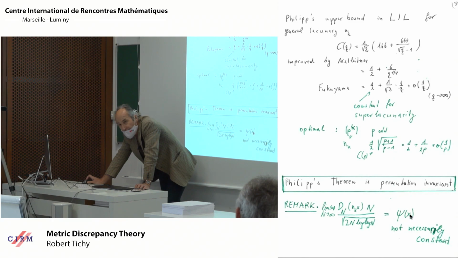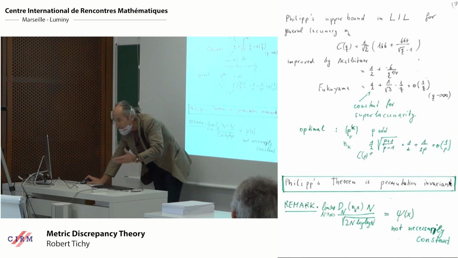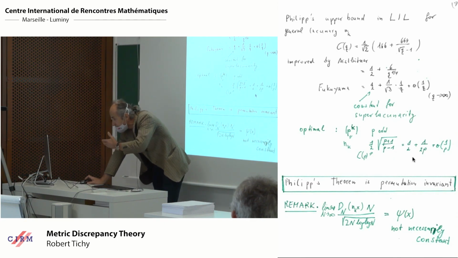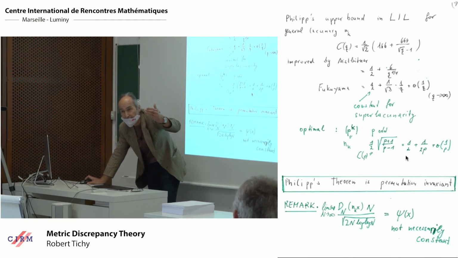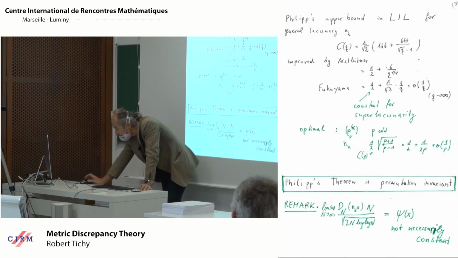It could be dependent on x, and this becomes clear if we analyze the permutation invariance of the results. So we don't take just a sequence theta to the k, but we allow to permute elements of the sequence.